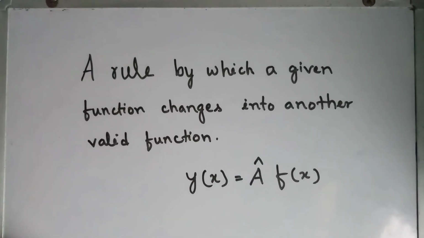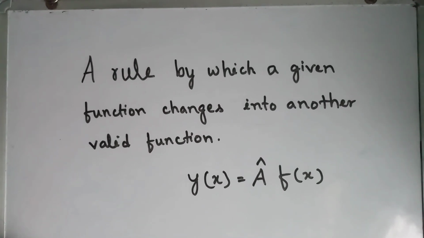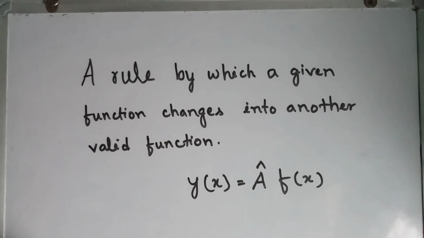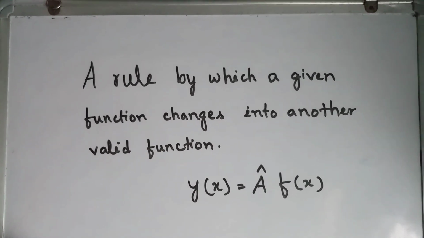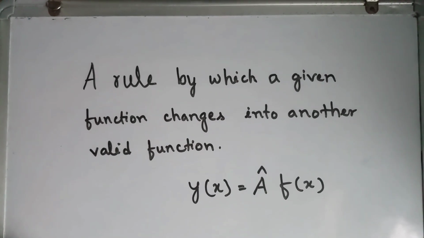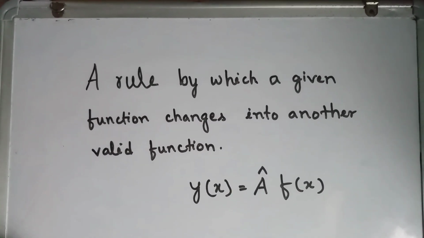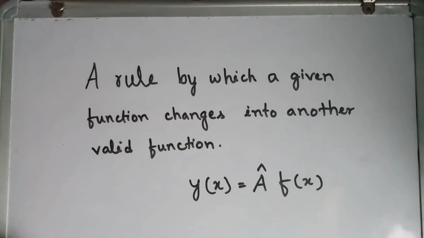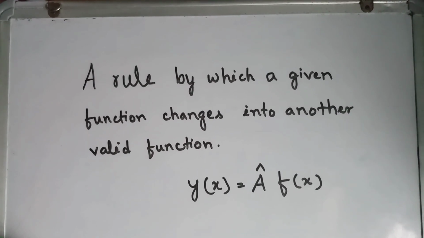How can we define an operator? We can define it as a rule by which a given function changes into another valid function. So I have taken here an example. Suppose I have a function f(x) and I have to convert it to another function y(x). Then what will I do? I operate by an operator.